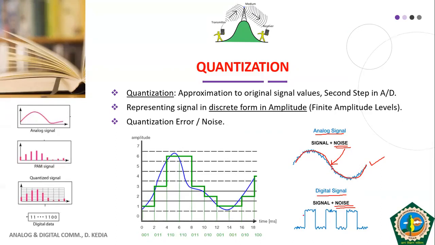But in the case of a digital signal, we have a finite number of values in the time domain as well as in the amplitude domain. Apart from that, we know beforehand what those levels are. We know this is level number 1, this is level number 3, this is level number 6. So if noise affects your digital signal, it will affect it like this.